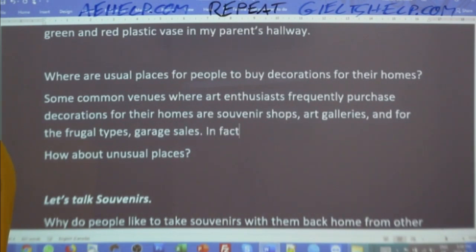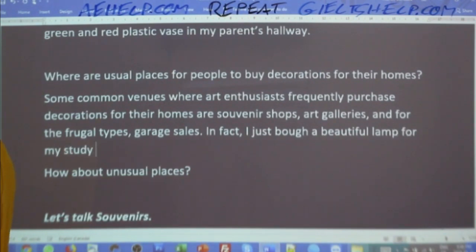In fact, I just bought a beautiful lamp for my study for $2 at a yard sale down the street.